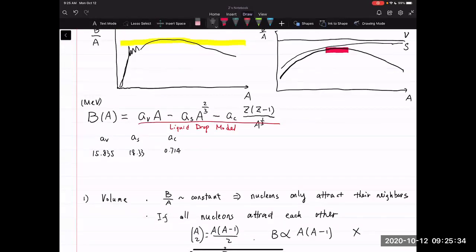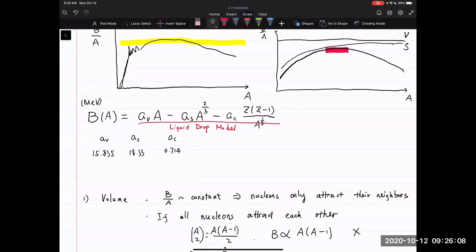If we have more neutrons for the same A, then the Coulomb repulsion is going to decrease the stability of the nuclei. In fact, we can do the calculations to find out the location of this maximum, but we can do that after we finish the last two terms. So let's get back to this highlighted region in a little bit.